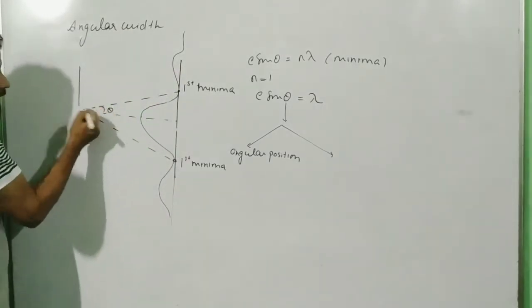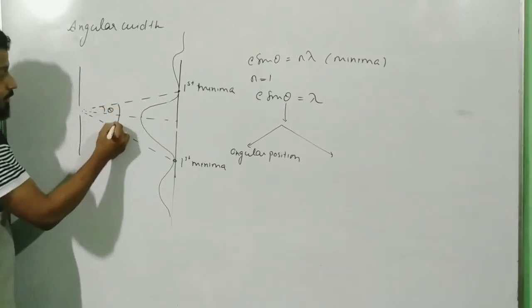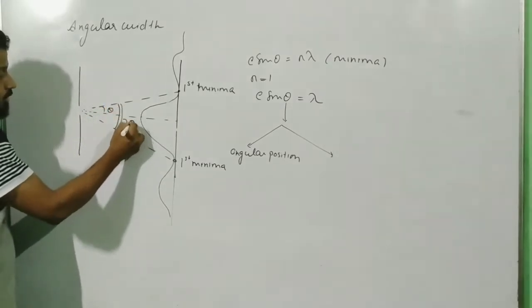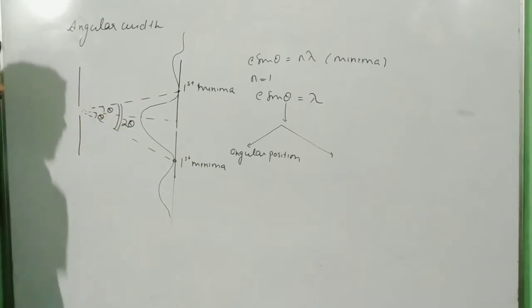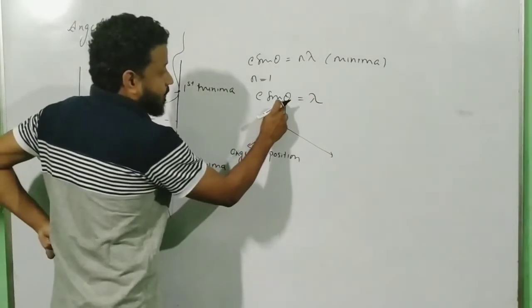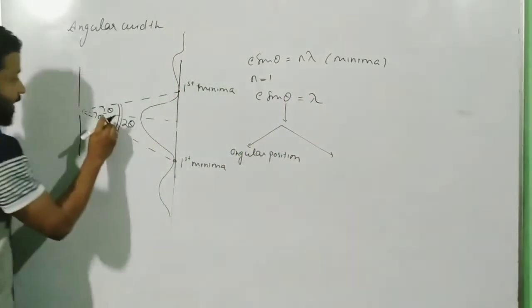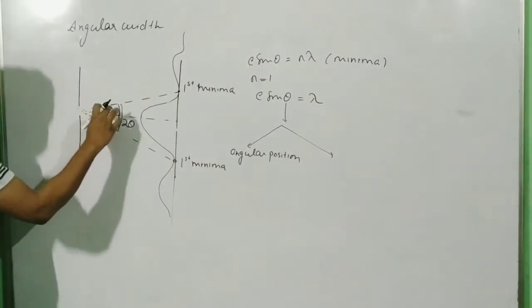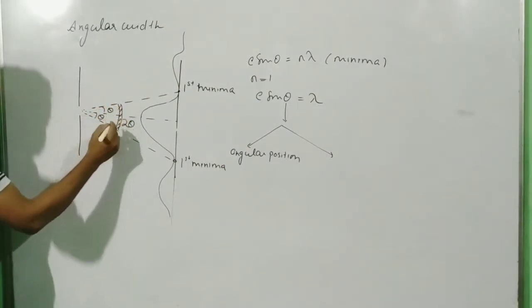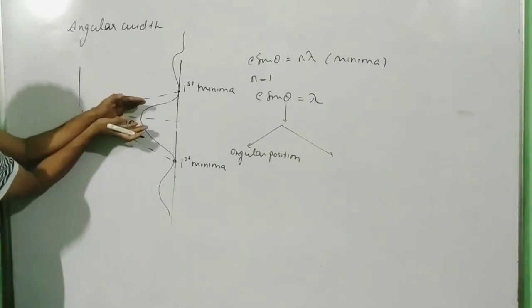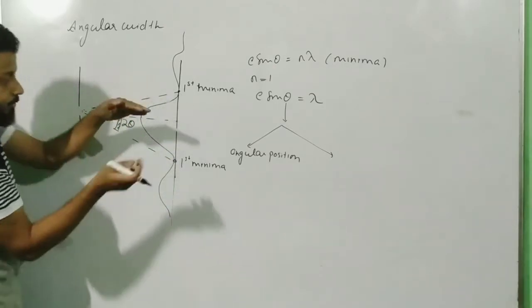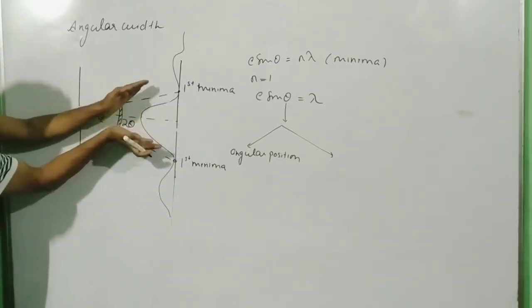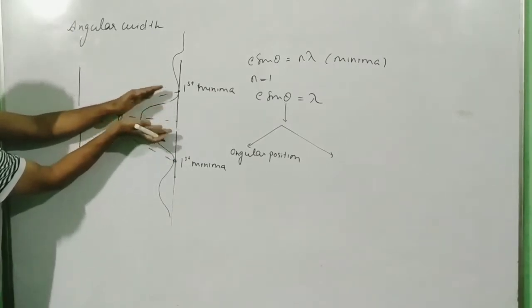But if I know this angle theta, and then multiply it by 2, this becomes 2 theta, because this angle is also theta. So if I find the value of theta from this formula and multiply that by 2, then this entire angle, 2 theta, is the angle over which, listen very carefully, the central maxima is spread.